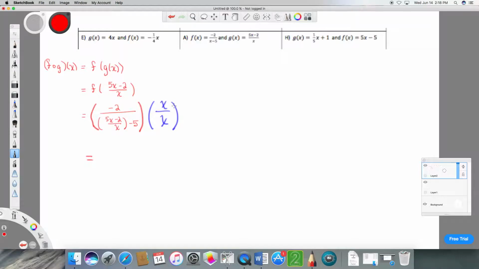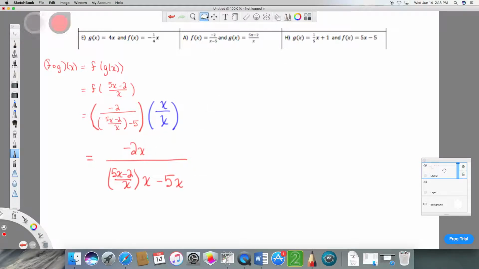You multiply straight across the numerator and straight across in the denominator. So in the numerator, I have negative 2 times x. And in this denominator, I've got this binomial, these two terms. This first term, 5x minus 2 over x, it gets multiplied by x. And this second term, this 5, it gets multiplied by x.